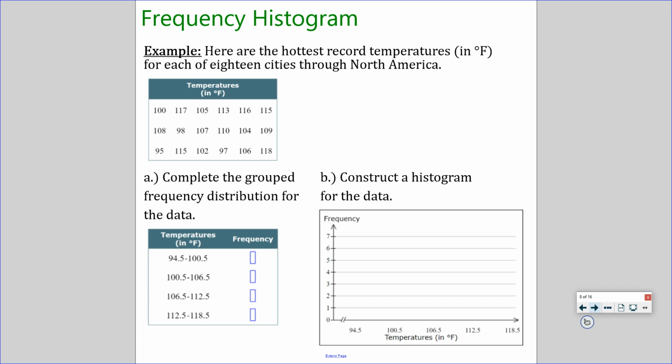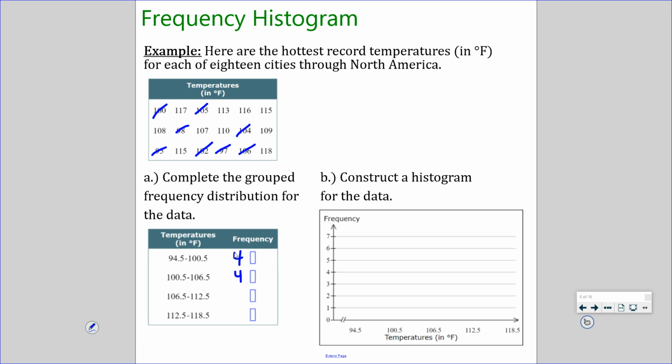So first let's just calculate the frequency. All right, you guys counted up. How many of those were in that first class? 4. Yep, 4. Like I said, I like to cross them off as I go. What about the next class? I counted 4. 1, 2, 3, 4. 106 would fall in that category.